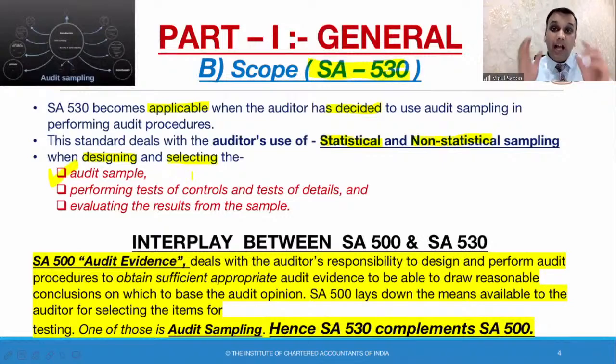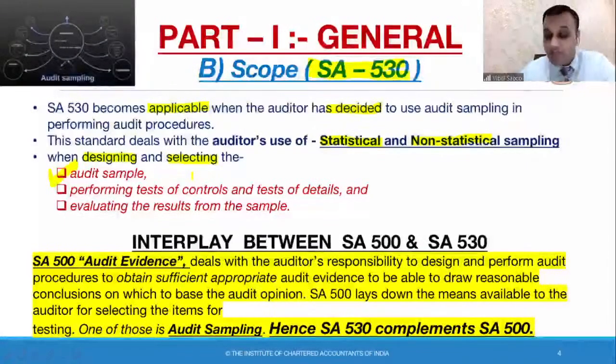So, he has to be very clear with the considerations which he needs to keep in mind while extracting an audit sample from the population. We'll come to these terms, population, and others further in the slides to come. So, the auditor needs to design and select.